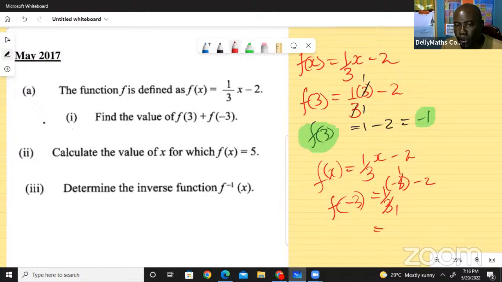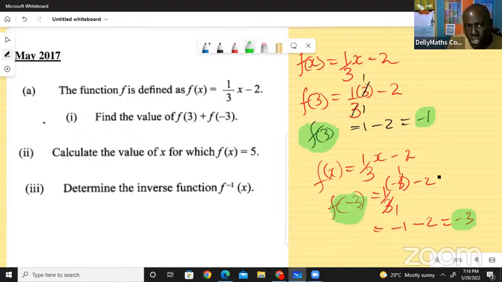So we're talking about -1 minus 2, which is -3. So f of -3 gives me -3.